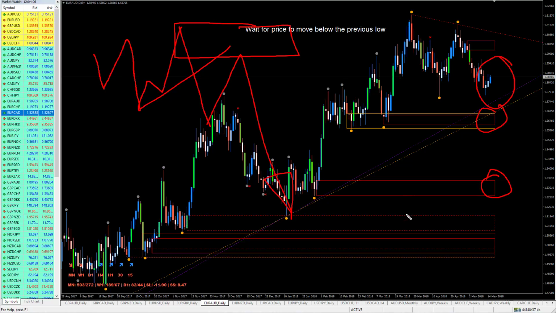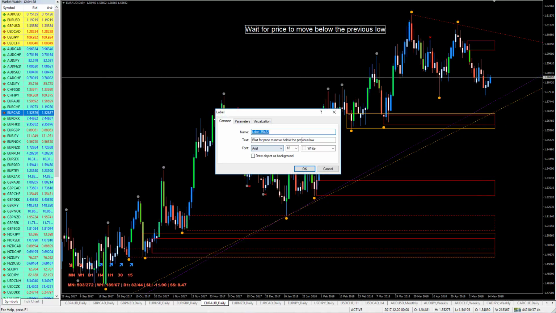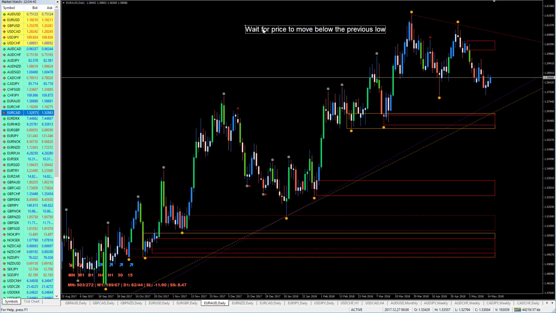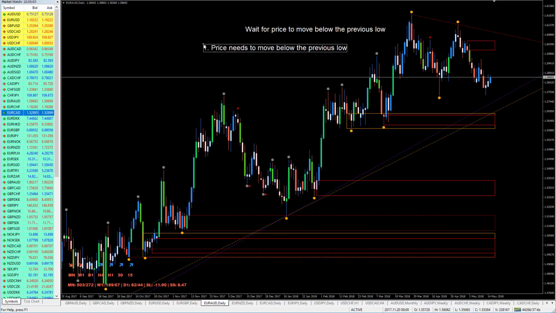First of all, step one, I'll just draw these in. I'm going to copy that. Price needs to move below the previous low. I do another one. This is 2.